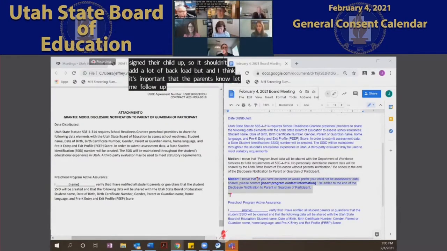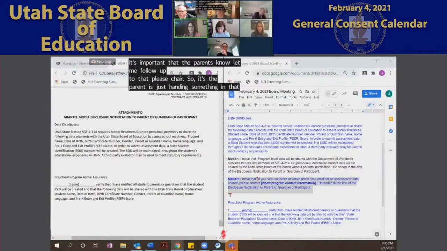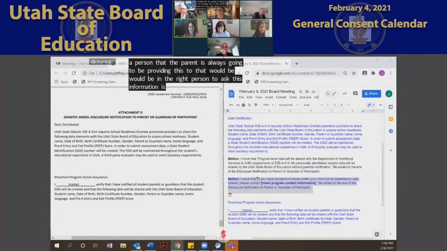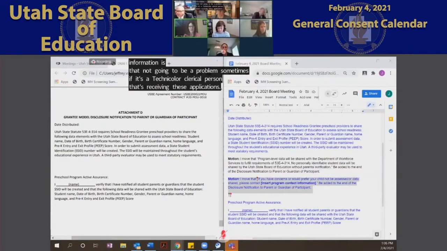Is that not going to be a problem sometimes if it's a technical or clerical person that's receiving these applications? I think as long as the parent is notified and whoever gives them the notification signs it. I don't know. Is there one of the staff that wants to speak to that?